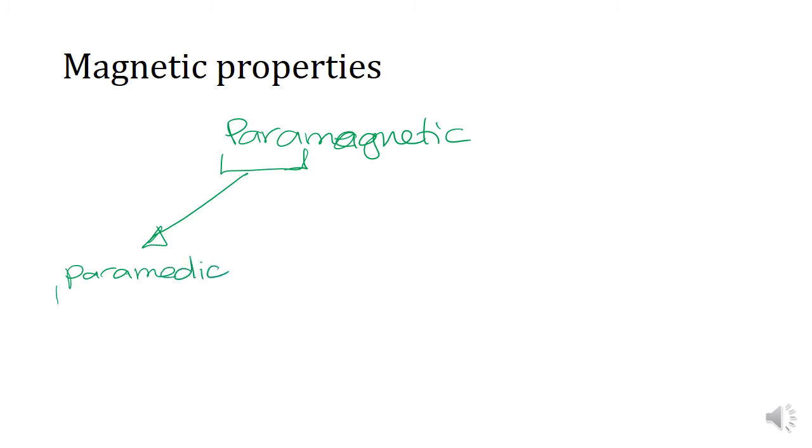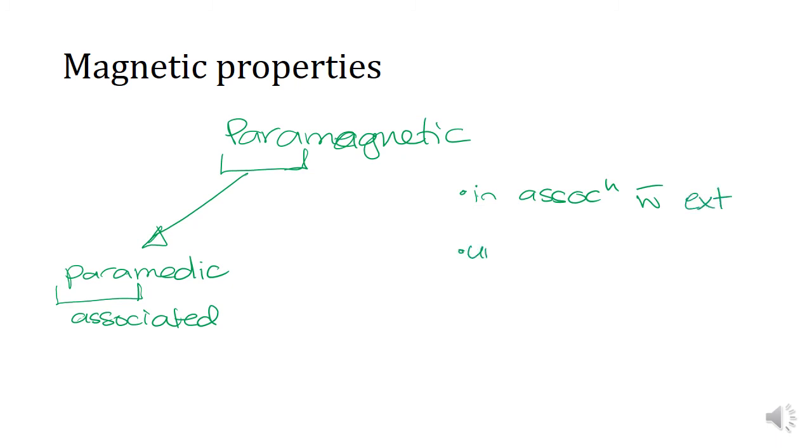So para means associated with. Oh, be good if I could spell associated. So paramagnetic fields only happen in association with an external field.